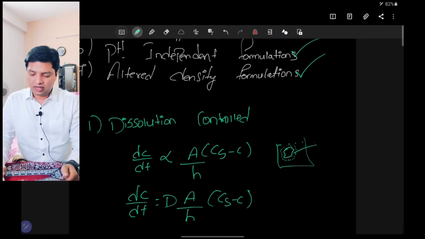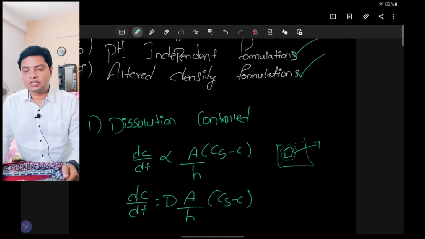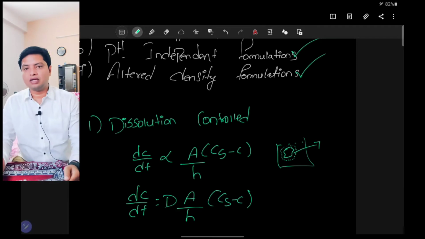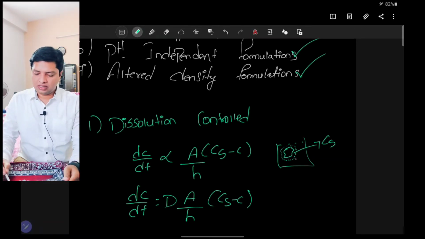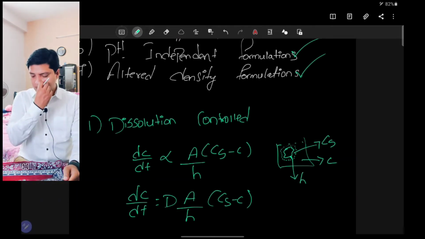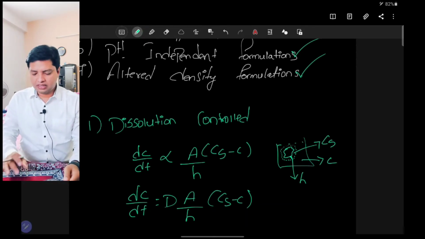This layer we call the saturation layer. The layer has been saturated with drug, hence the name saturation layer, and the concentration in this we call the saturation concentration Cs, and the concentration in the bulk we call the bulk concentration. Whatever the thickness of this layer is, we call it h, the thickness of that saturation layer. That is how we represent this equation.